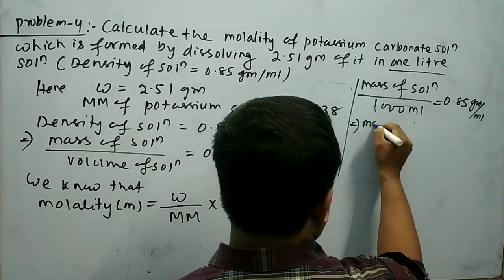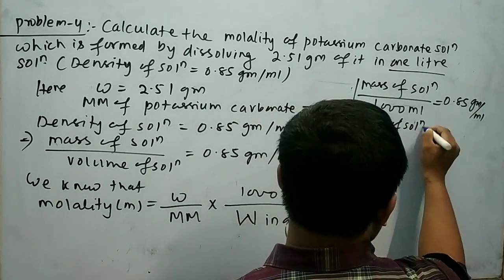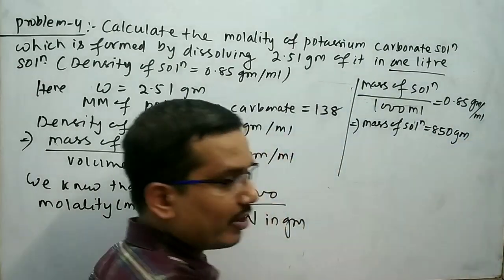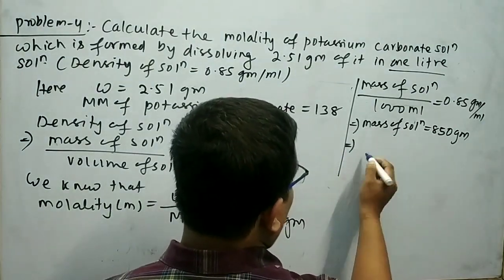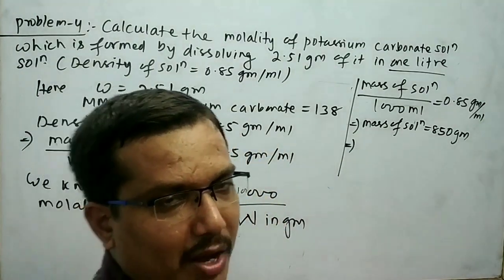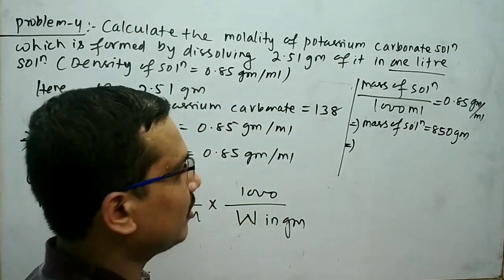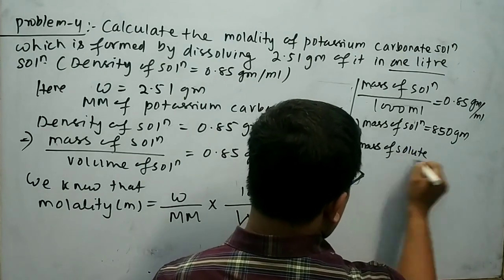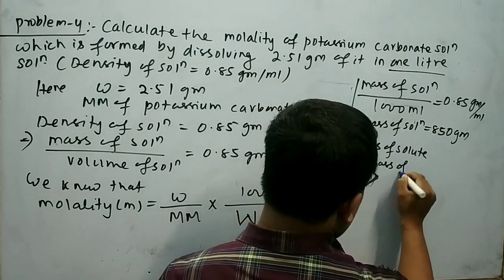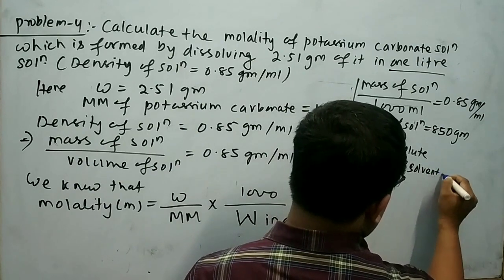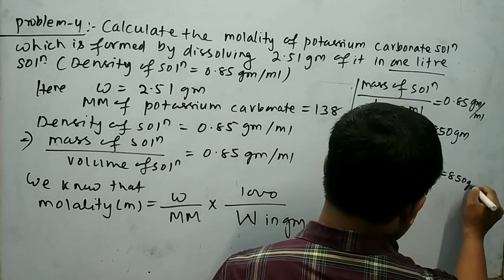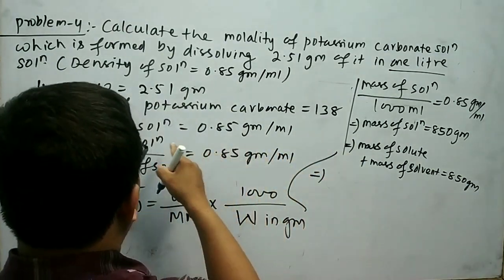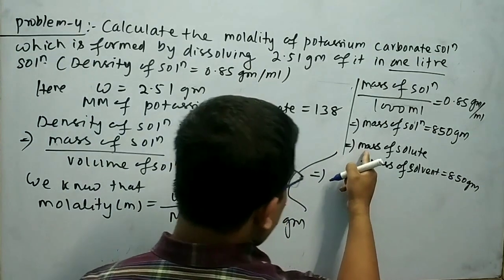That means mass of solution equals 850 gram. Mass of solution equals mass of solute plus mass of solvent. So I can write mass of solute plus mass of solvent equals 850 gram. We know that mass of solute equals 2.51. Now put this value here.